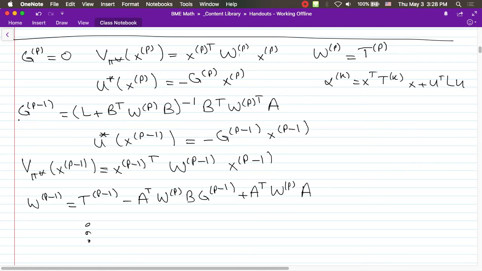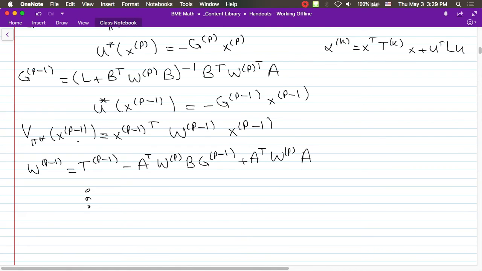So in the time point P minus 1, I have a gain based on W at time point P. I can describe this gain for you. My action is to multiply that gain by my state at time point P minus 1. This is a feedback control law. It says, give me your state, I will give you the action.